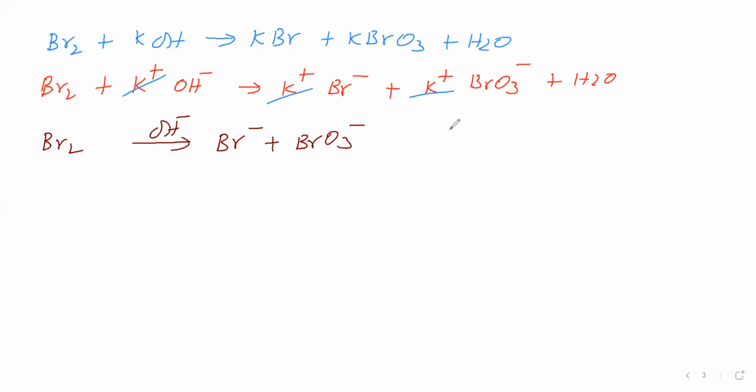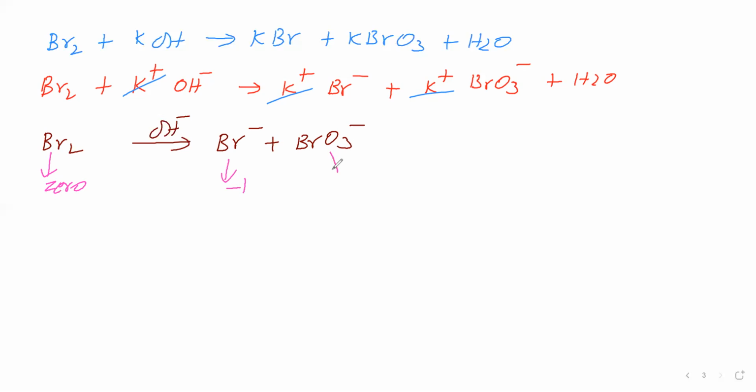Next, write oxidation numbers. Now we have to write what in the sense? Oxidation numbers we have to write. So bromine is element, therefore 0 is the oxidation number. Bromine is element. So for this oxidation number, how much means 0? Br is having -1, so oxidation number -1.